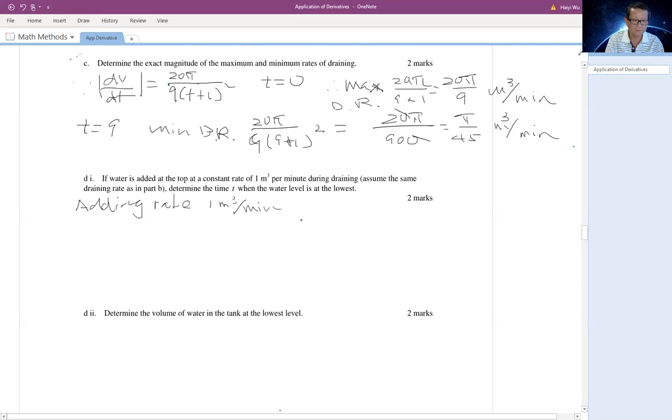Then determine the time when the water level is lowest. What I mean by lowest is that you're adding water while draining water from the tank. So let's find the adding volume first.